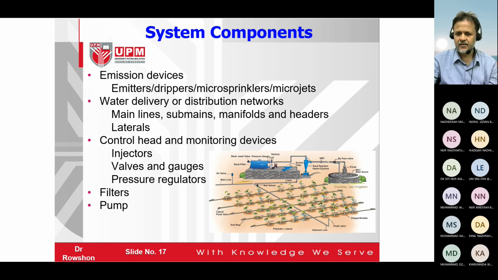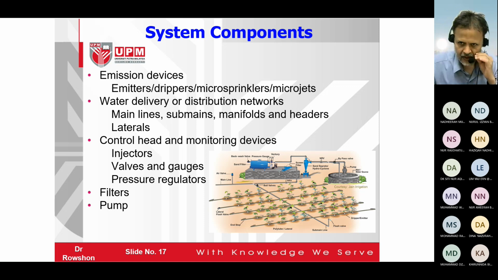Main line means your water from the pump to the field. Let's say this is the field, and your pump is here, a few kilometers away. You bring the water from here to your field, until this. So this is called the main line.